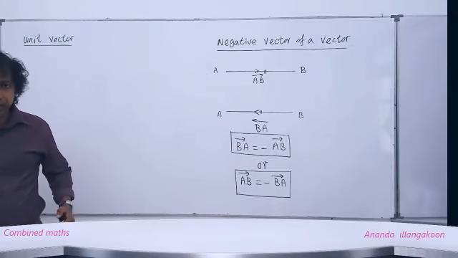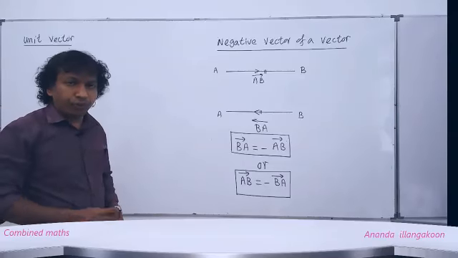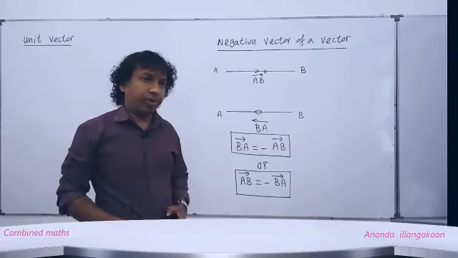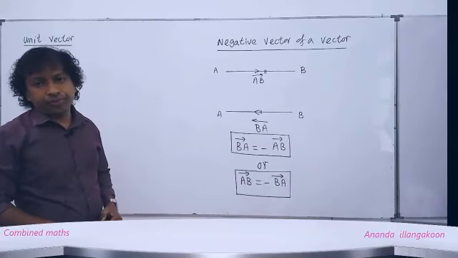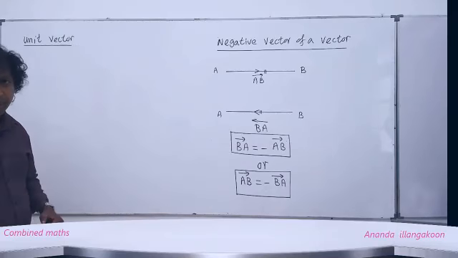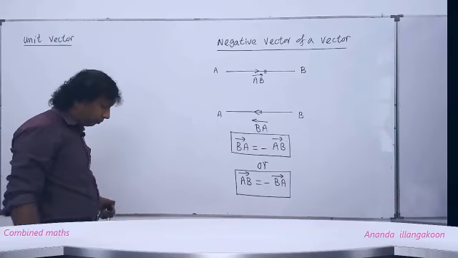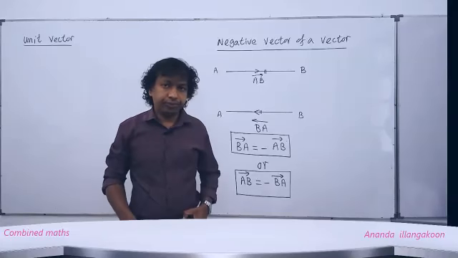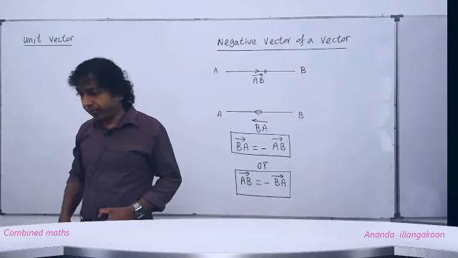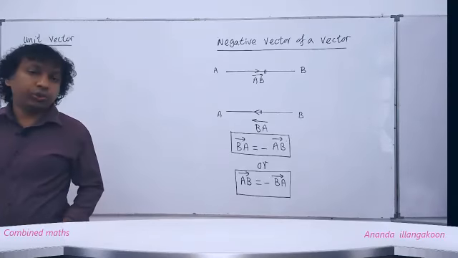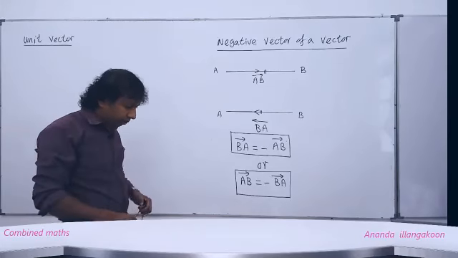The vector with the size 1 is called a unit vector.